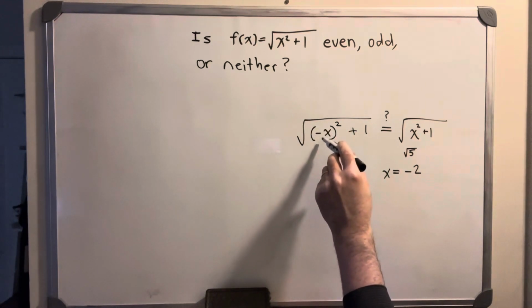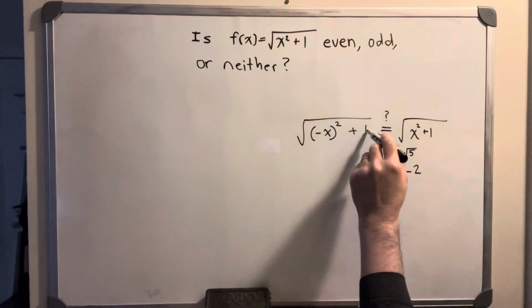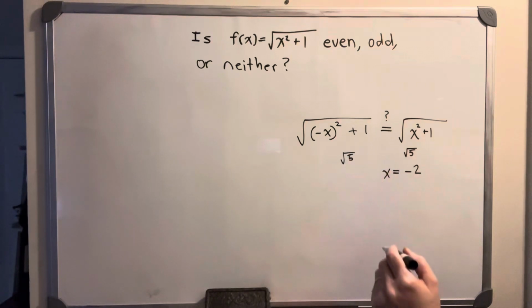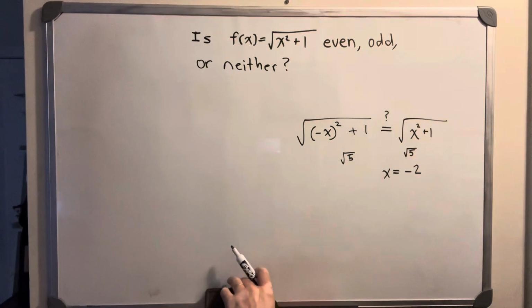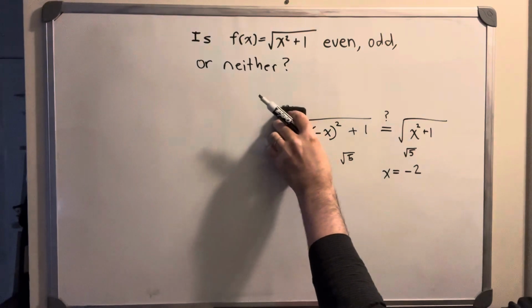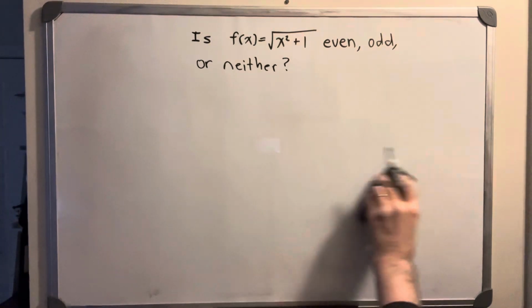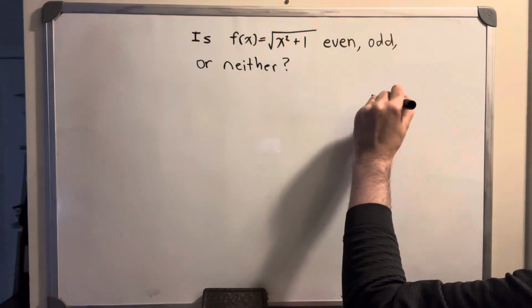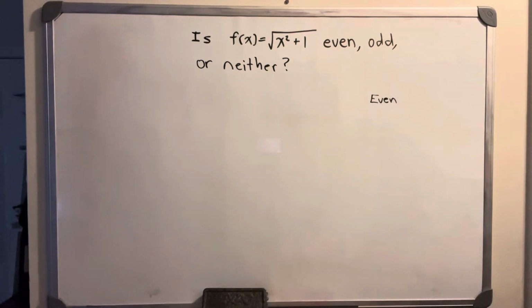What's 2 squared? 4. 4 plus 1, 5. Square root of 5. And you can do that with any number. So this function is definitely even.